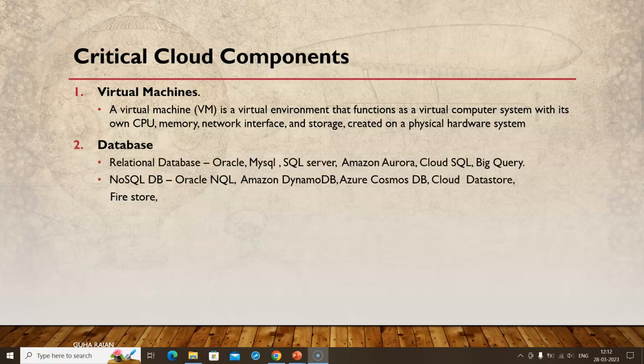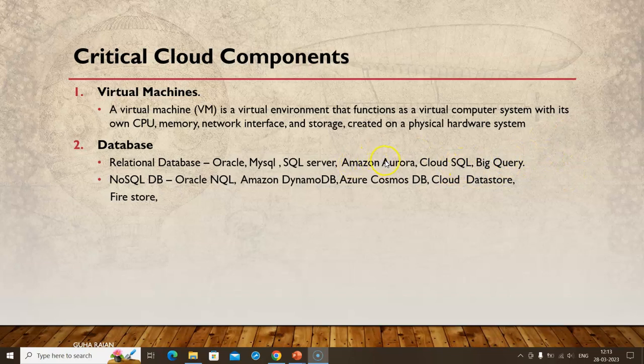The second one is the database. All of them provide relational databases. Oracle Database is well known. Then you have MySQL, which now belongs to Oracle. As far as Microsoft is concerned, it is SQL Server. Then for Amazon, the latest is Amazon Aurora, and Cloud SQL and BigQuery, the last two, belong to Google Cloud.